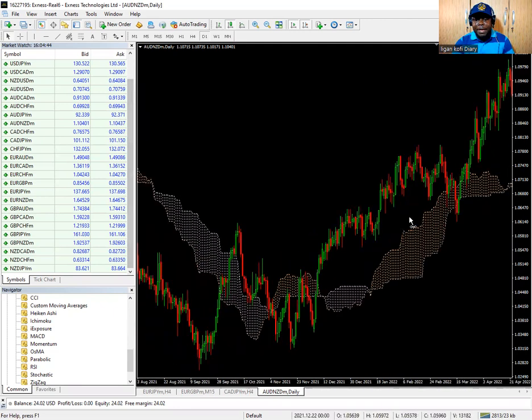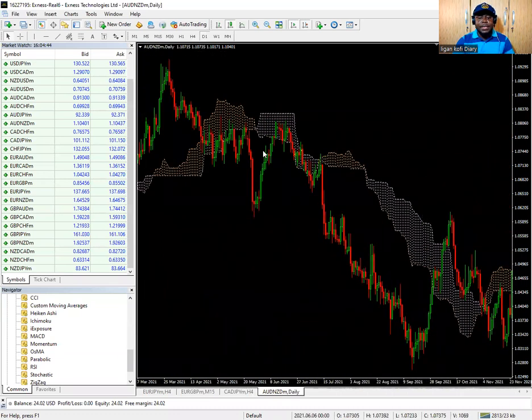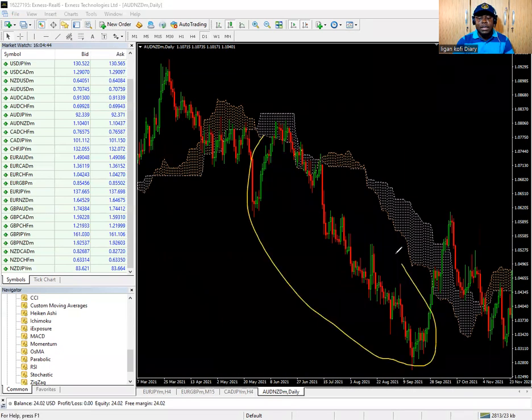If I go back a bit, you will see when AUD NZD was in a downtrend. At this point here, AUD NZD was in a downtrend because the price was below the clouds. So this is the first feature you will find on the Ichimoku.